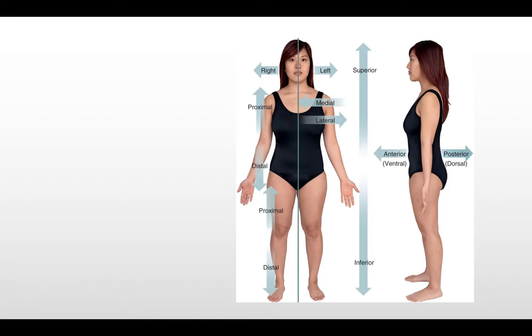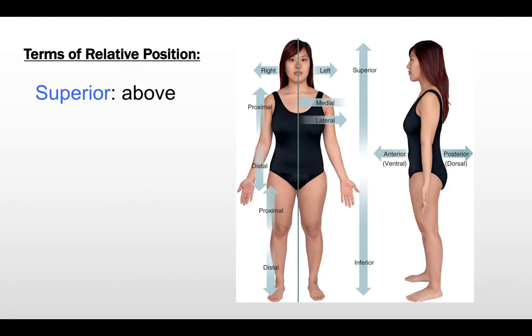All right, here are most of the words you need to be familiar with when describing anatomical position, and I'm going to cover them in pairs. So first, superior and inferior refer to things that are above and below. So superior could mean towards the head, inferior meaning towards the ground or towards your feet.